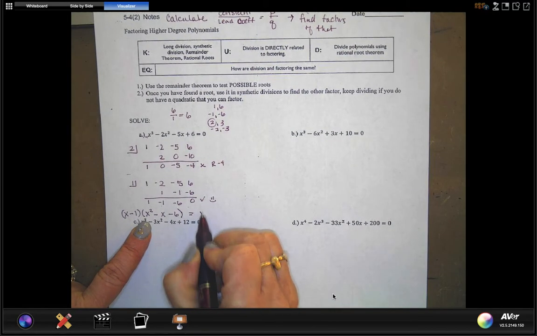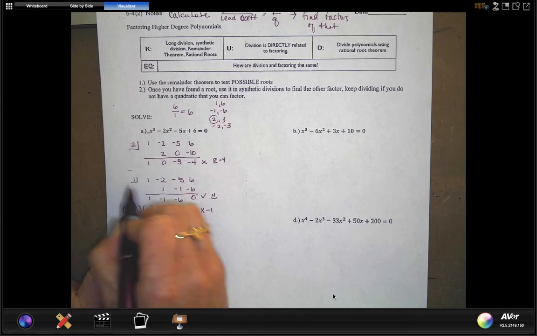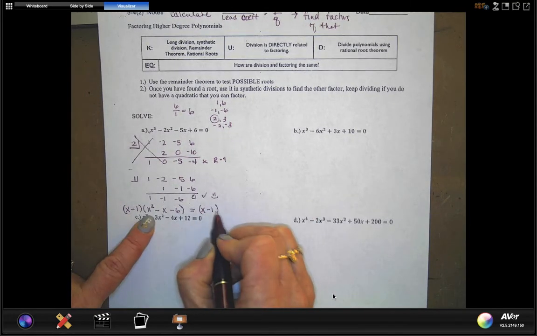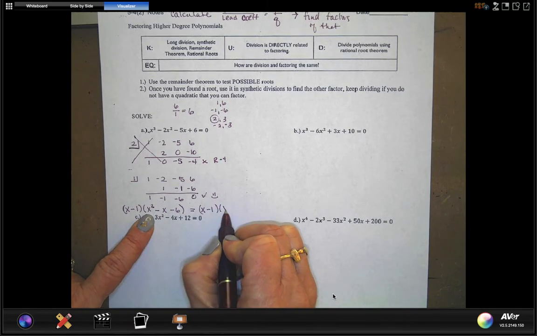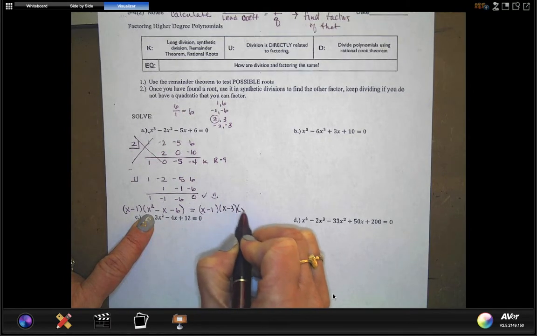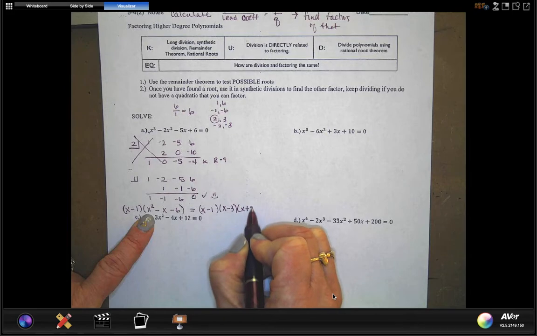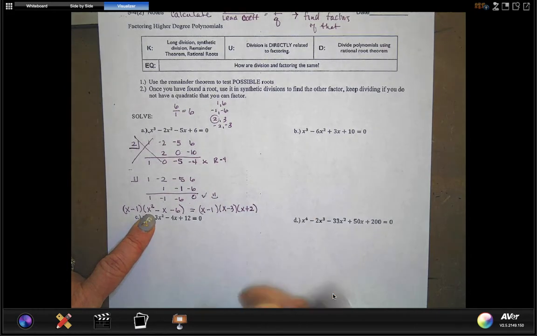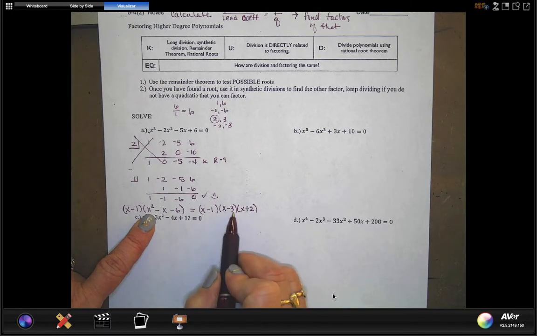So I still have my x minus 1, which just came from this one right here because 2 didn't work. And then I can say that x minus 3, x plus 2 is going to work here.